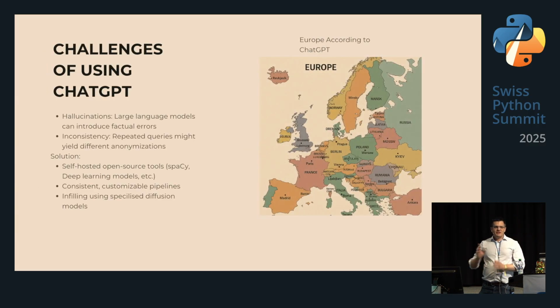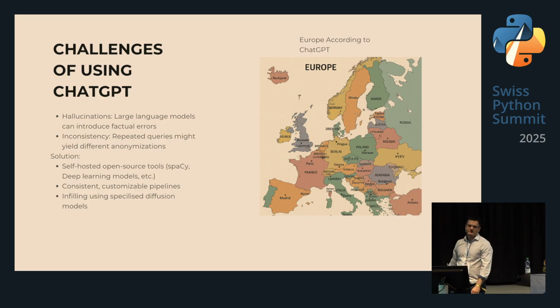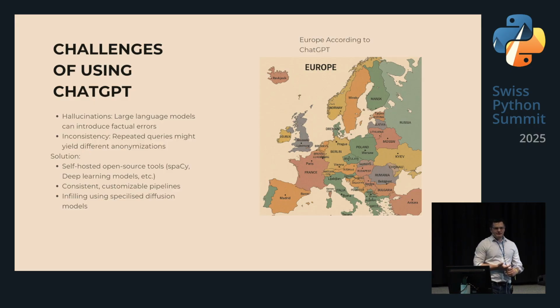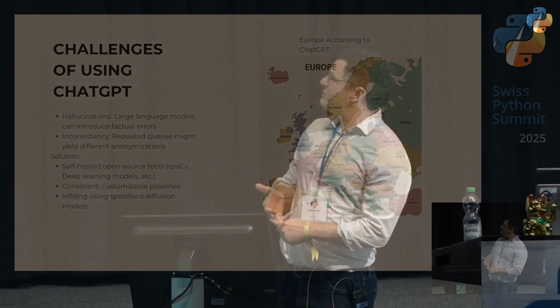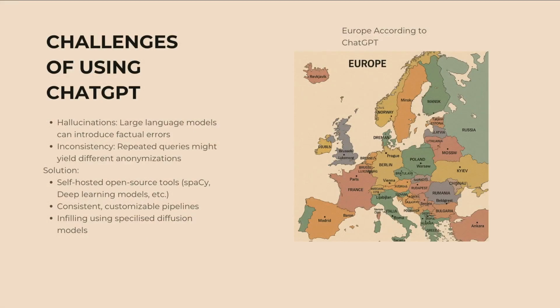I want you to take a look at this picture and tell me what's wrong with it. I asked ChatGPT to draw a picture of Europe, and this is what it came up with. Initially, it actually does a pretty good job. The borders look pretty good, but of course it's messed up some of the names.